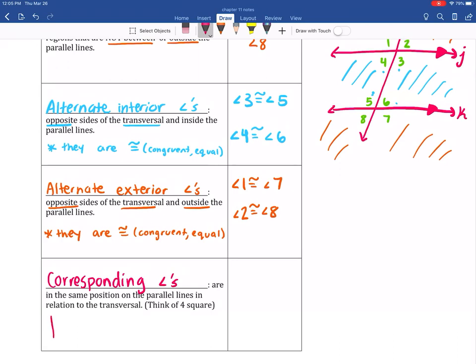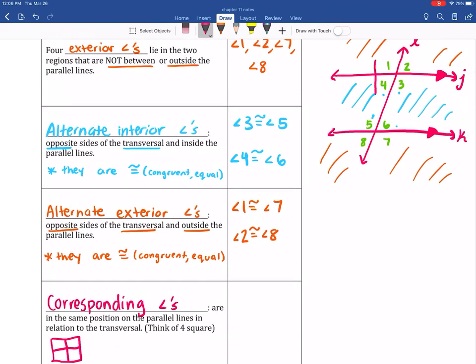So if you played Foursquare in elementary school, you were in one of those boxes. So if I draw on my picture here, I technically have 2 Foursquare courts. So they're going to be the angles that are in the exact same position in terms of the Foursquare court.